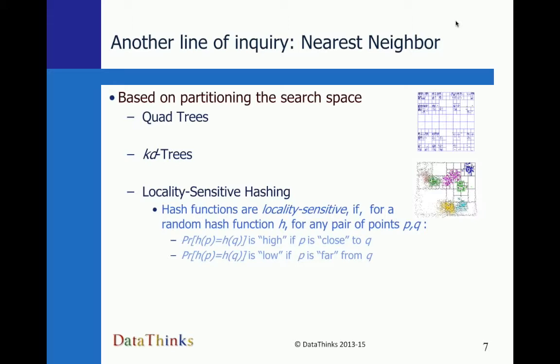So this gets us to nearest neighbor search. Based on partitioning the search space, quad trees and KD trees are other ways of searching for nearest neighbors, and then enter locality sensitive hashing, which is what we'll primarily be talking about today.